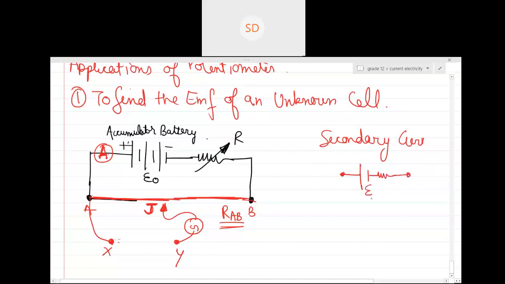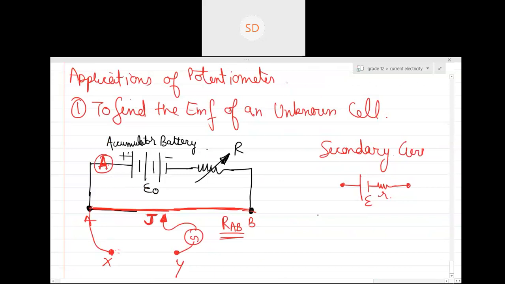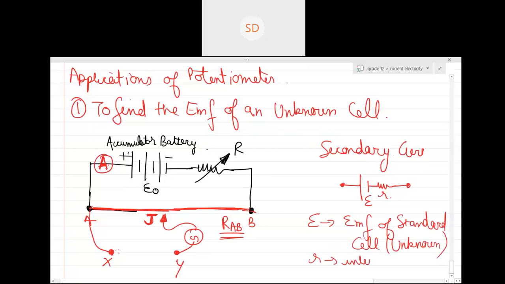This E is basically the EMF of the standard cell, but this is unknown to us. We need to find out this E only, and R is the internal resistance of the standard cell.